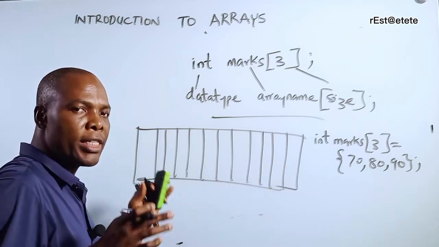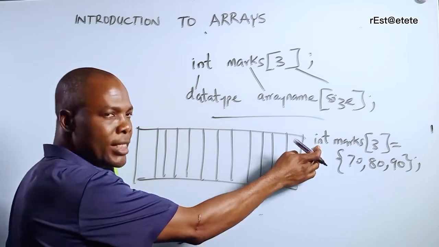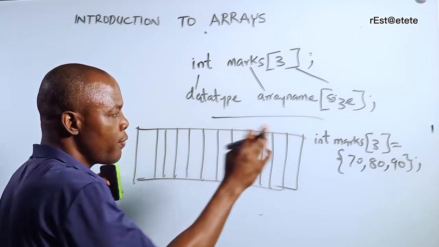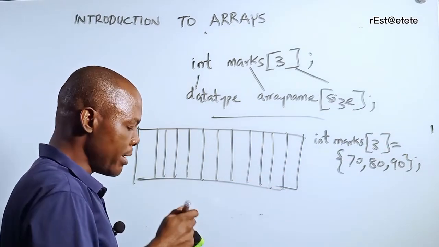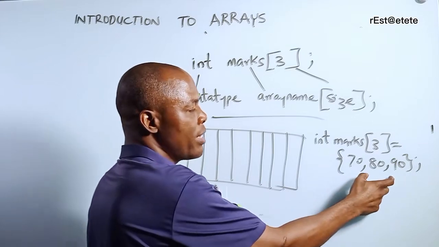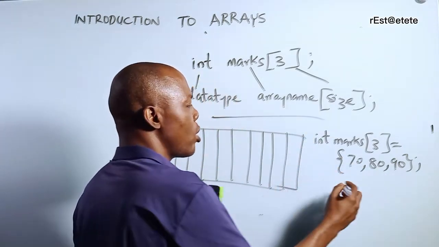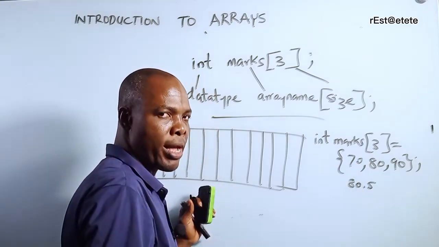So the first thing that the system will do is to create in the memory location, this integer is going to be 4 bytes for each of these elements. So we are having 3 elements of the same data type. So I cannot store 80.5 in this array, it will throw me an error.